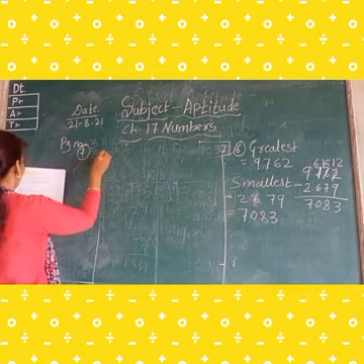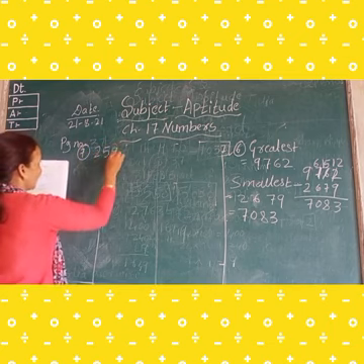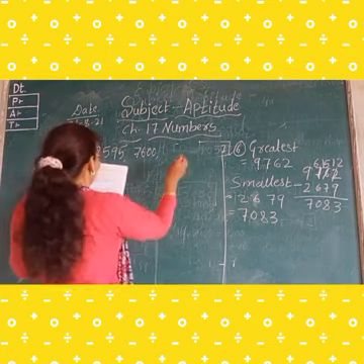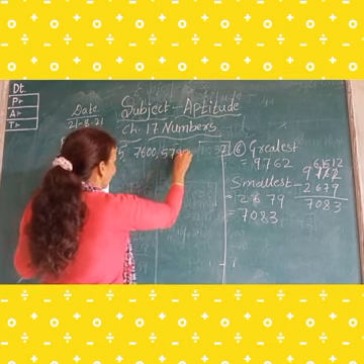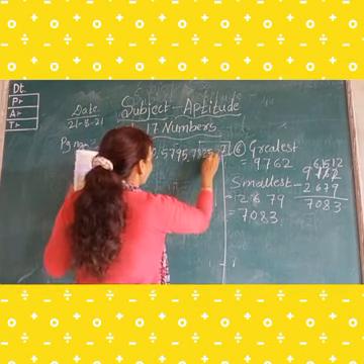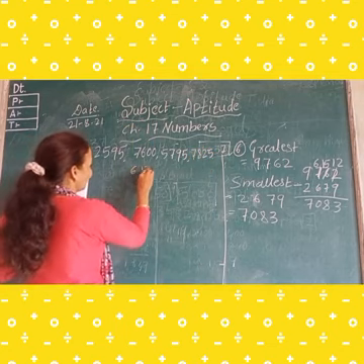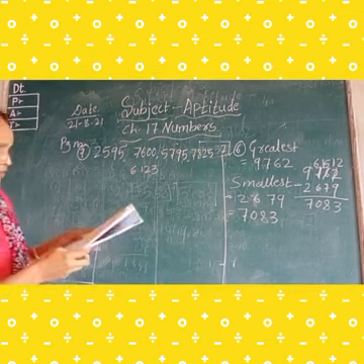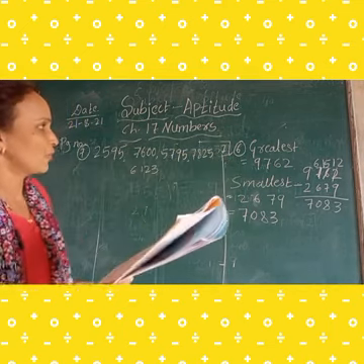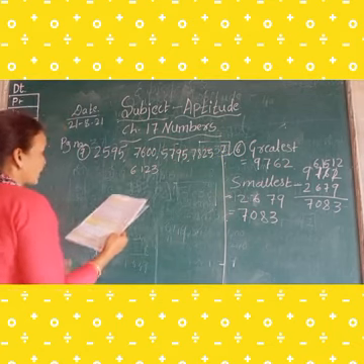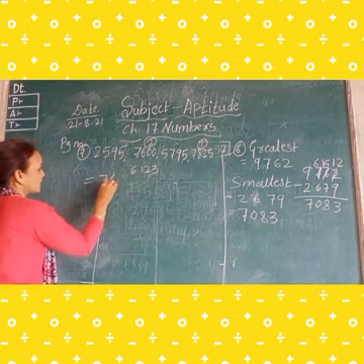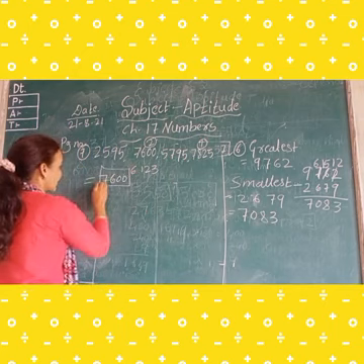The numbers are 2595, 7600, 5795, 7825 and 6123. The first largest number is this one, and the second largest number is this one. Our answer is 7600.